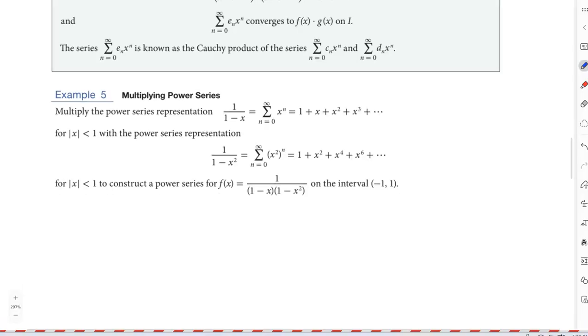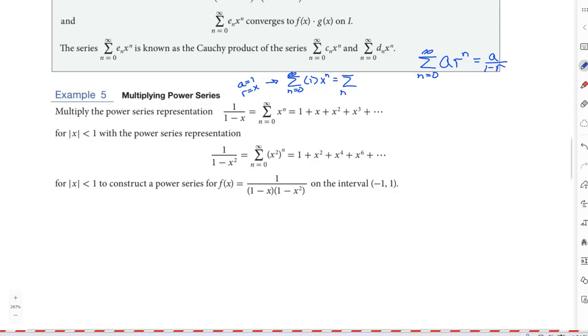I want to start by talking about where everything is coming from. This 1 over 1 minus x we're going to see a lot, if we're thinking about that geometric series, the sum of a times r to the n equals a over 1 minus r. In this case, my r is equal to x, and my a is equal to 1. So I can write that as the sum from n equals 0 to infinity of a, which is 1, times r to the n, which is x to the n.